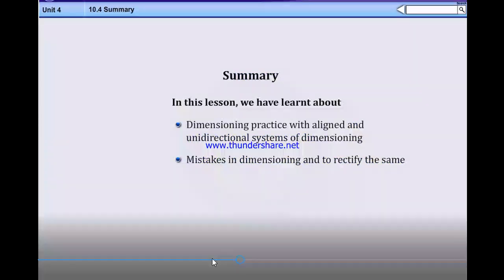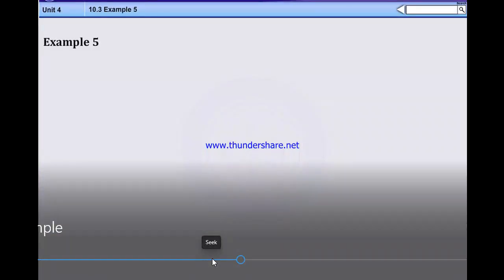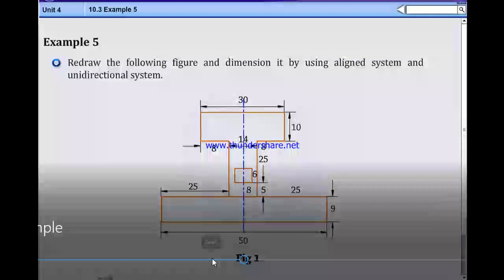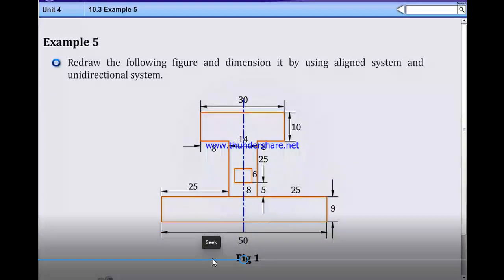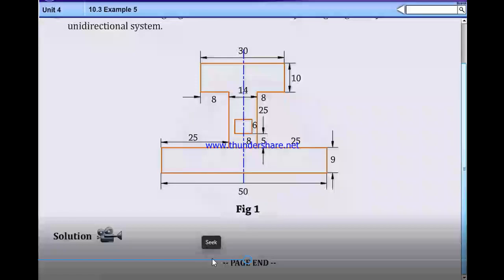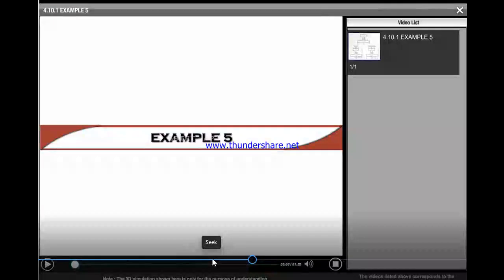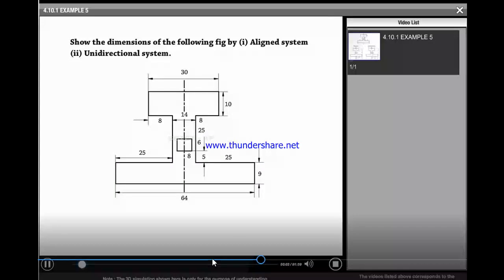Let us take one more example. Redraw the following figure and dimension it by aligned system and unidirectional system. Example problem 5. In this, a view with wrongly represented dimensions is available.